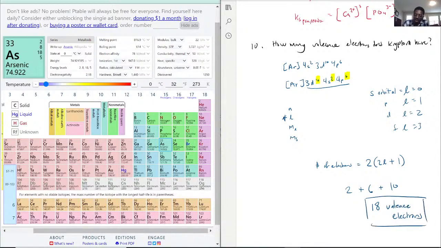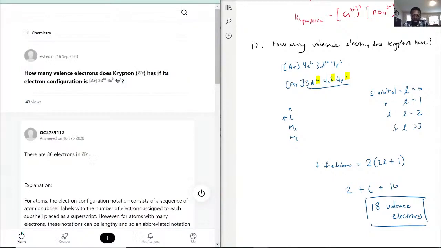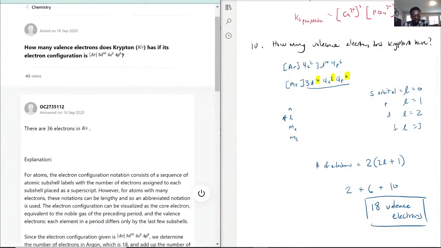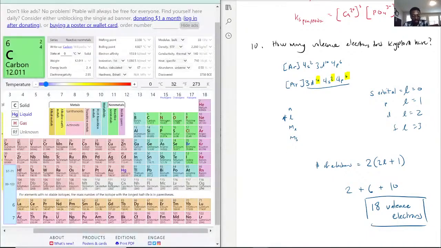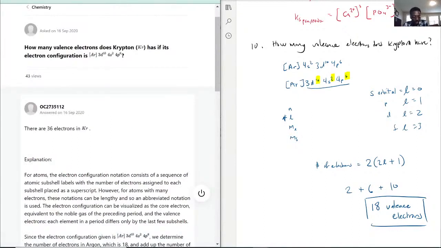That is what we have for the number of valence electrons. I think they may have mistaken the question, because there are 36 electrons in total for Krypton, but valence electrons are just in the outer shell. Ooh, actually even I got it wrong. It'll actually just be 8. Why?